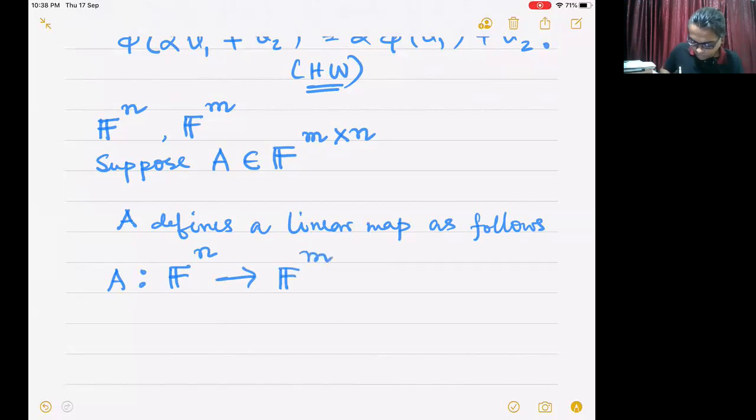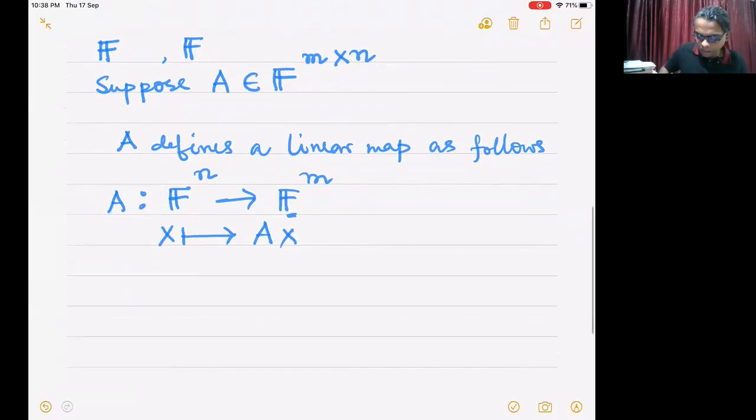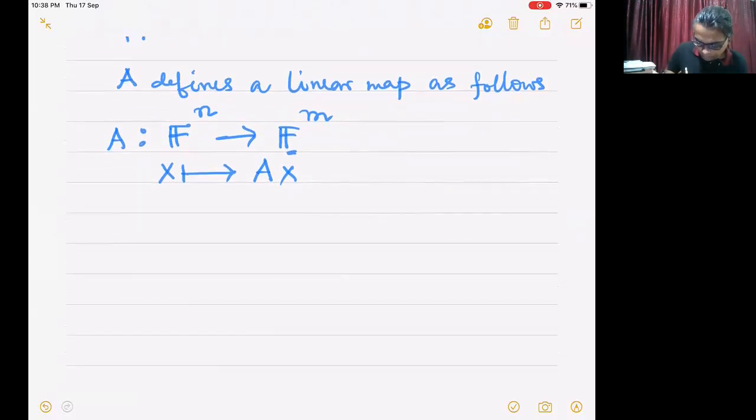How? Any x, which is an n-tuple here, gets sent to A times x. This multiplication is well defined, and Ax indeed is an m-tuple, so it's indeed an element here. Okay, so that is how A defines a map from F^n to F^m. You can check that this is a linear map indeed.